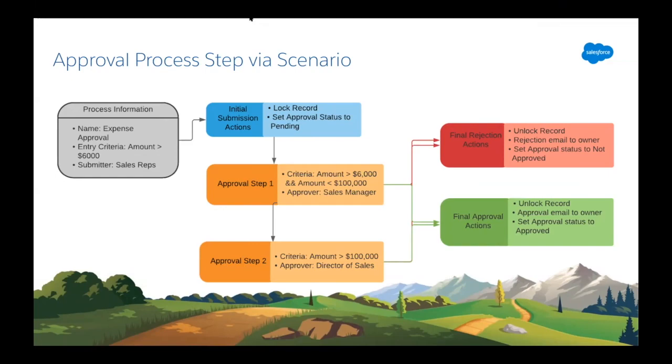So this looks like it's one approver no matter the situation. If it was over 100,000, could you go to the sales manager for a first approval, and if they approve, it goes to the director of sales? Is that a different way you could set this up?